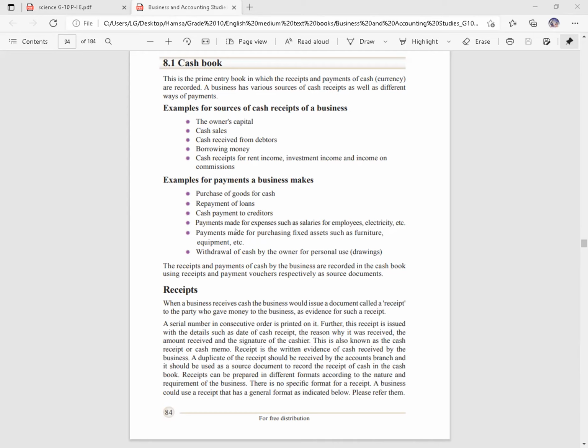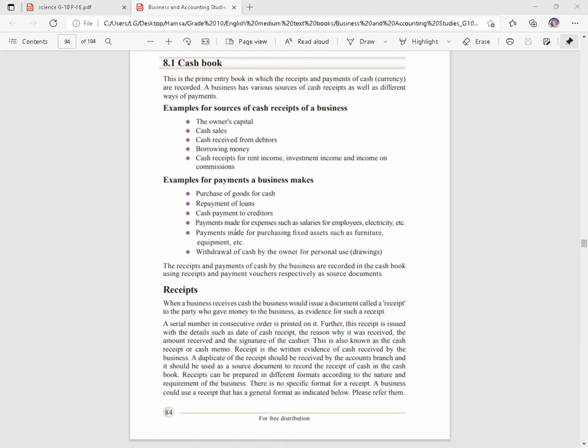So what are the cash receipts that you can get in a business? Give me some examples for cash receipts in a business. We have learned to record the transactions in the cash book.